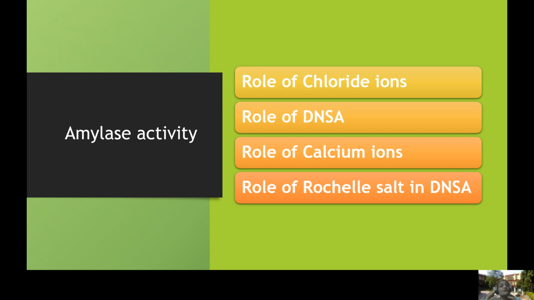Now, if oxygen is dissolved in the reaction mixture, it will introduce error by oxidizing the maltose to maltobionic acid. So you can understand how it will reduce the amount of maltose which is available for reacting with DNSA, leading to an experimental error.